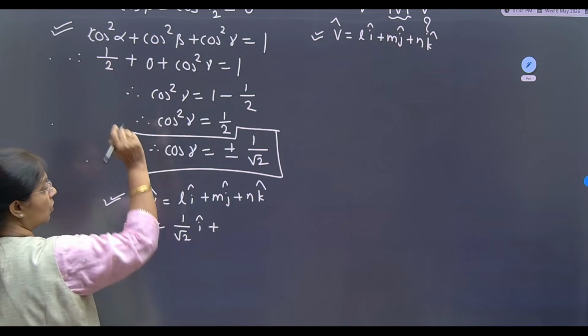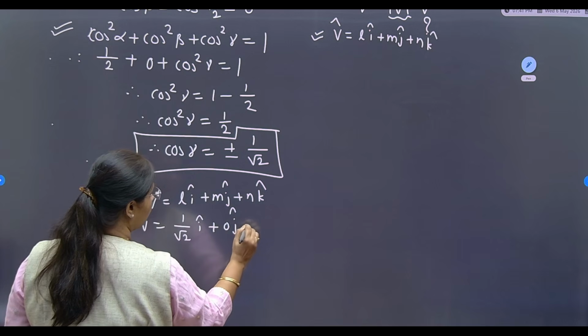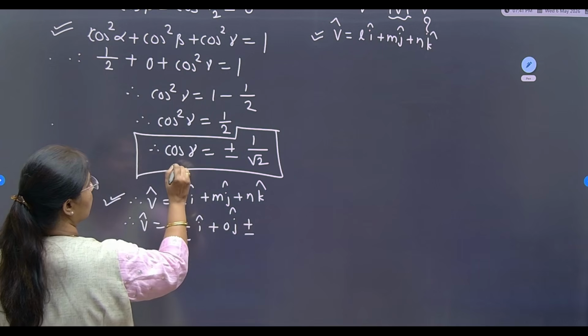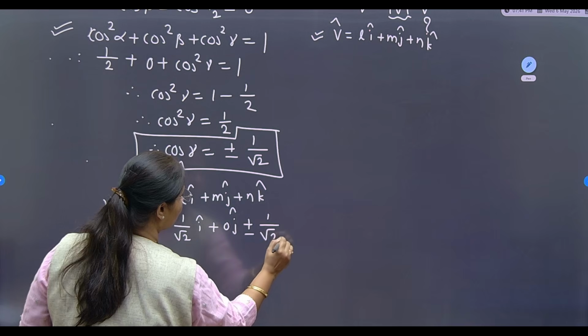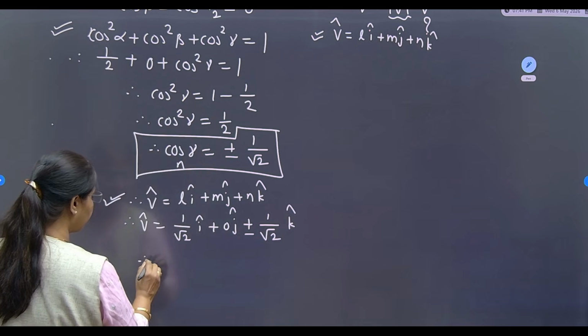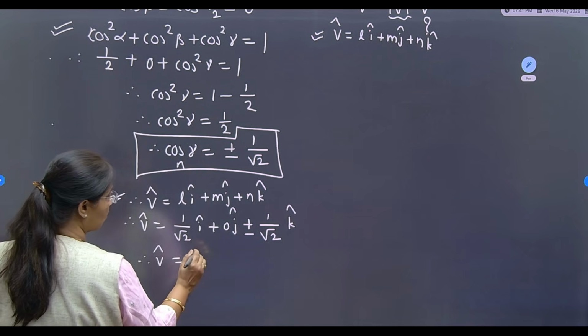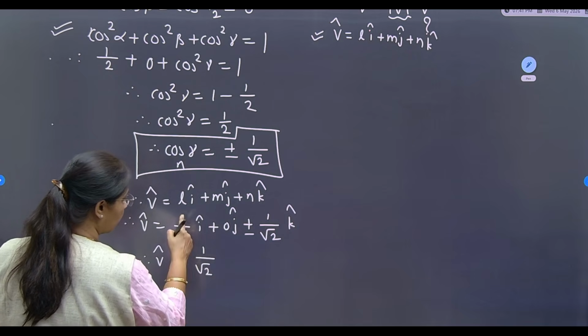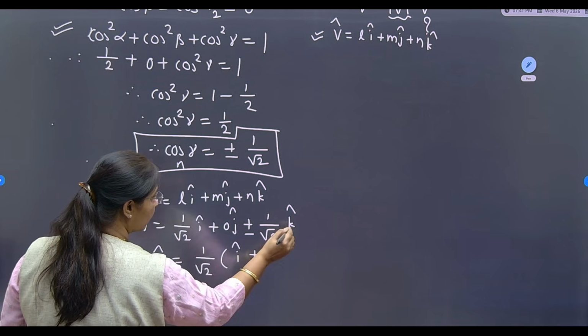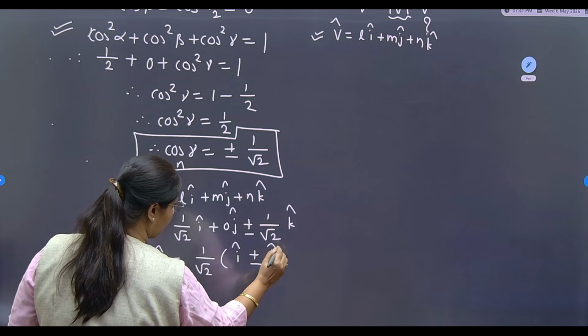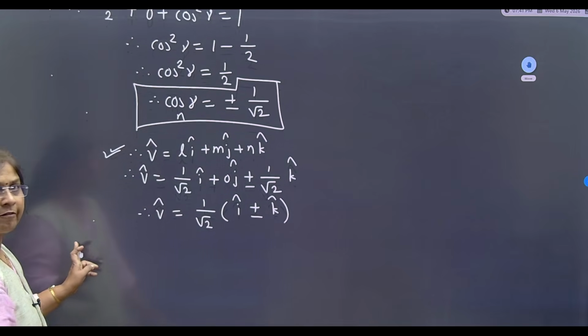M is equal to cos beta, 0, j cap, plus or minus cos gamma, that is N, plus or minus 1 upon root 2 into k cap. Therefore V cap is equal to 1 upon root 2, taking common in bracket, i cap plus or minus k cap. This is our V cap.